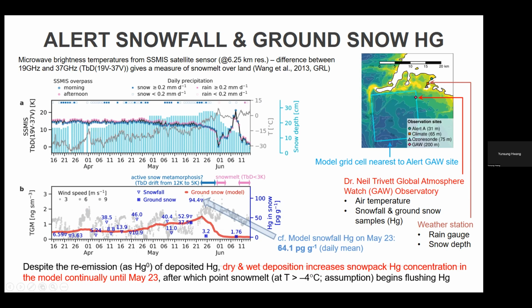But because we are still depositing mercury at this time, whereas maybe in reality mercury is not depositing anymore, we are delaying the timing of the concentration of mercury in the ground snow at the end of May when the snow melt occurs.